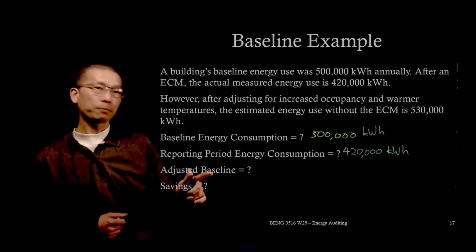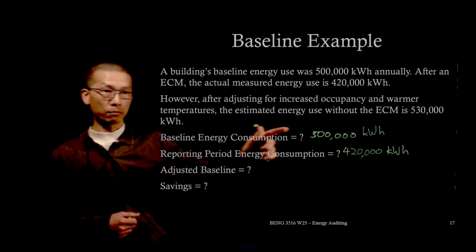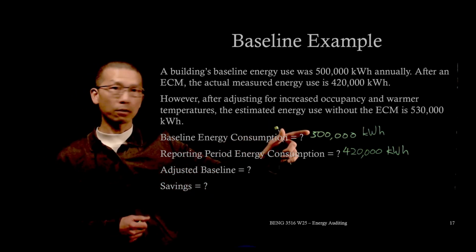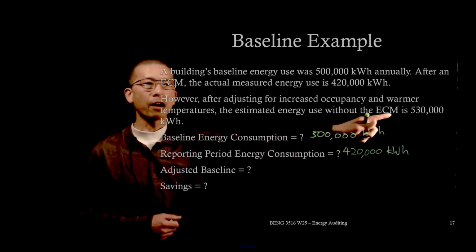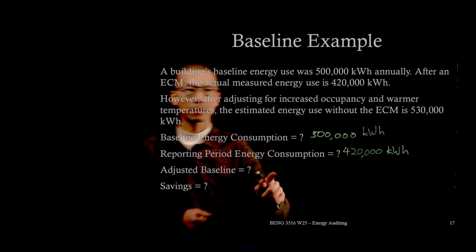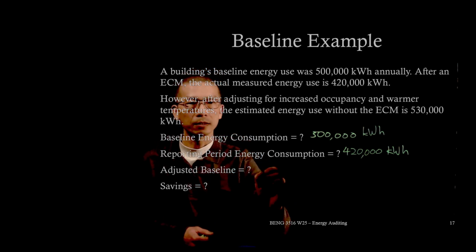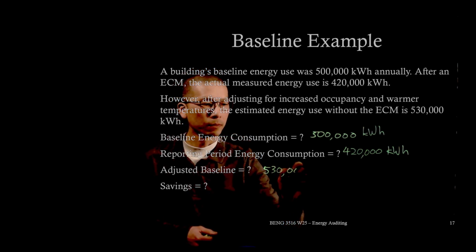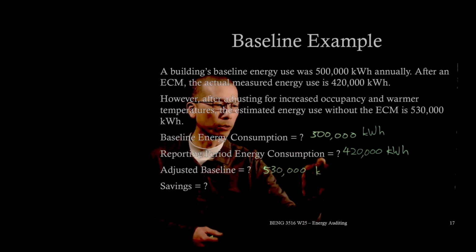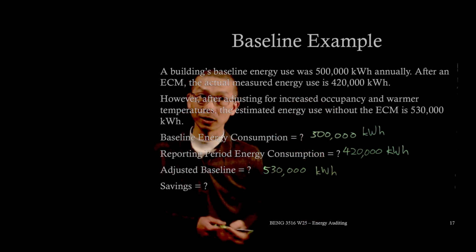What's the adjusted baseline? Well, be careful, it's not 500,000 anymore. After the adjustment, it's 530. So we can write 530 here, 530,000 kilowatt hour. So what's the real savings?